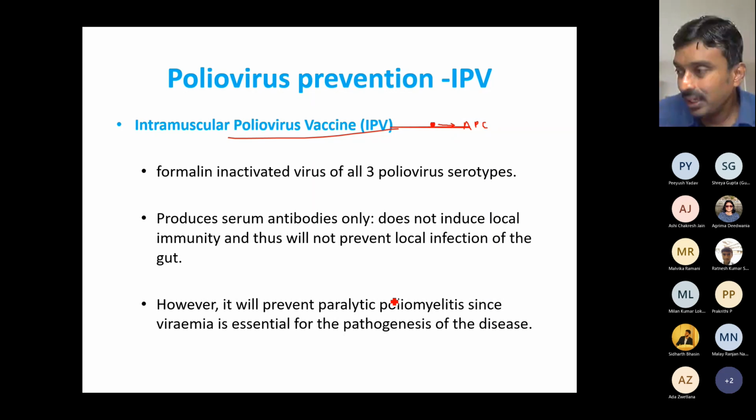Okay, let me answer it like this. Let's say we give 100 people an injectable poliovirus vaccine or SARS-CoV-2 Covaxin, for example, which is injected and is an inactivated virus vaccine. Let's say we give 100 people one of these vaccines.